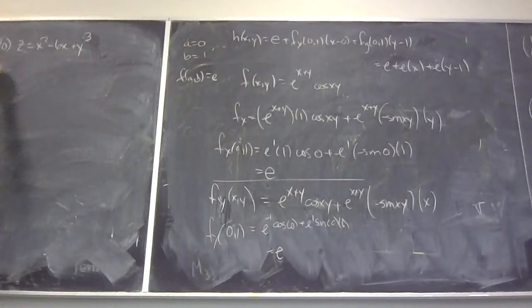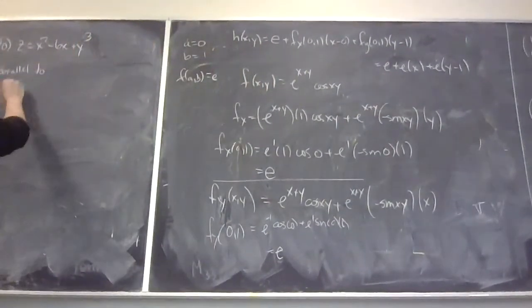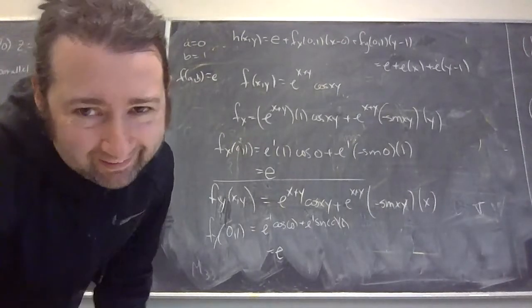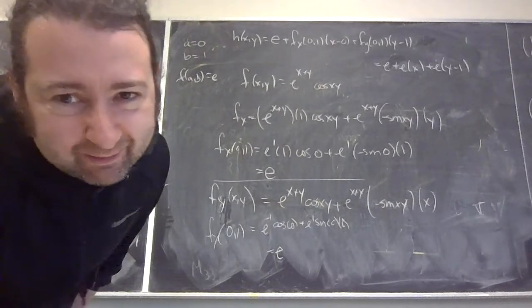We want tangent planes that are parallel to 4x minus 12y plus 7z equals 7.